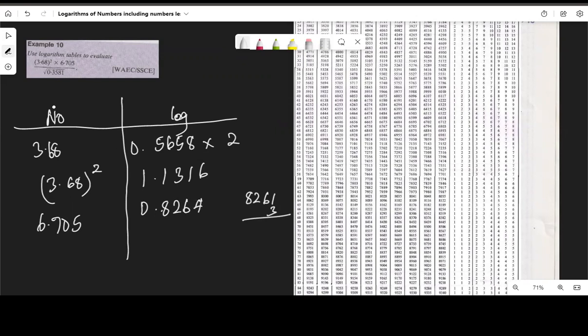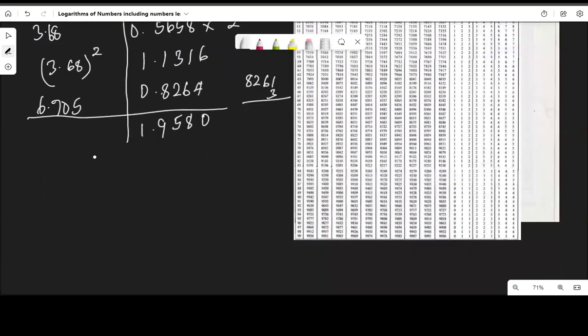Because the numbers are multiplying themselves, we have to add their logarithm. 6 plus 4 is 10. Write 0, carry 1. Plus this, that is 8. This plus this is 5. This plus this is 9.1. The numerator is this.